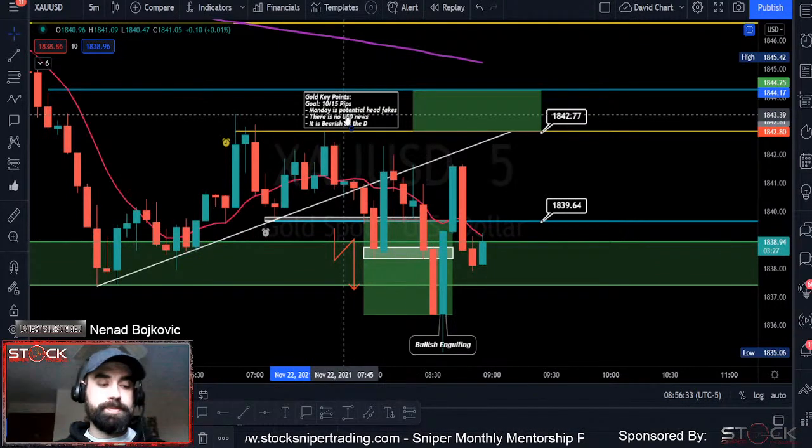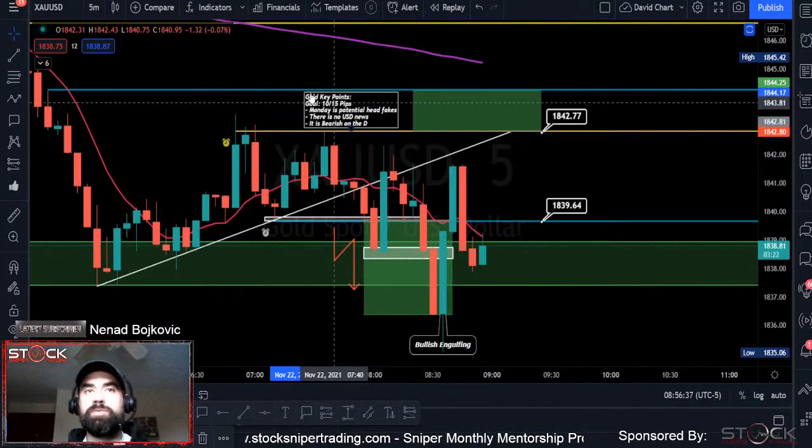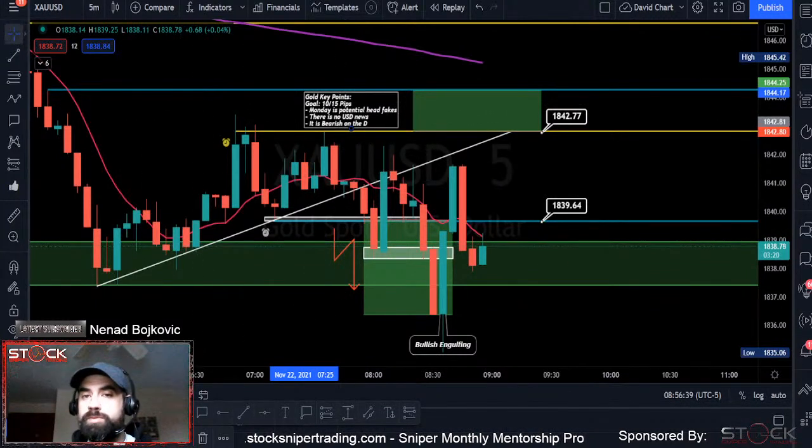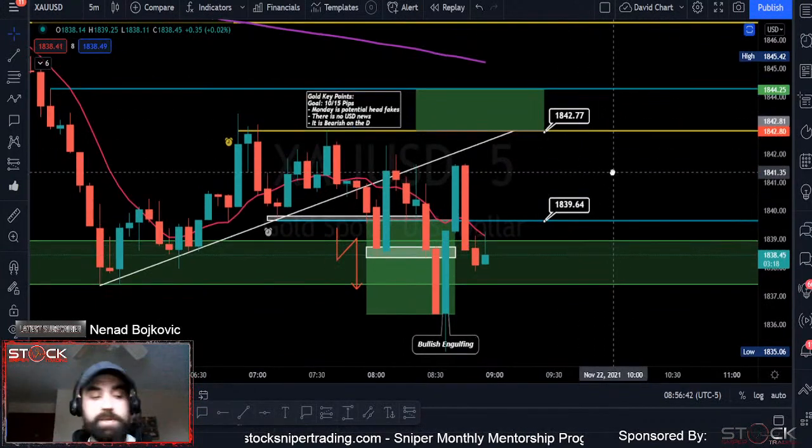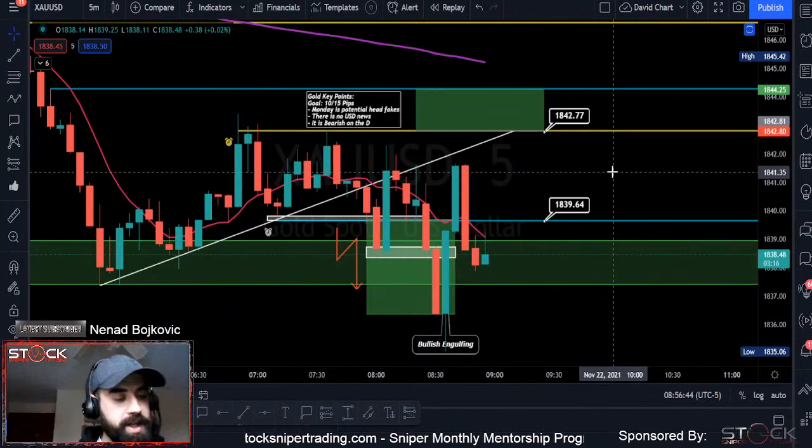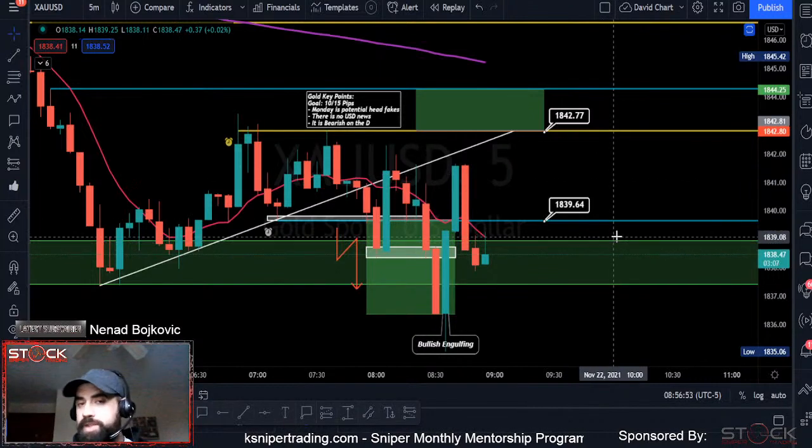Okay, not much on gold. Okay, guys, if you want me to do US 30 leading into 9:30, the legs need to get up around 500. Okay. Look at the top wick starting to push back down.